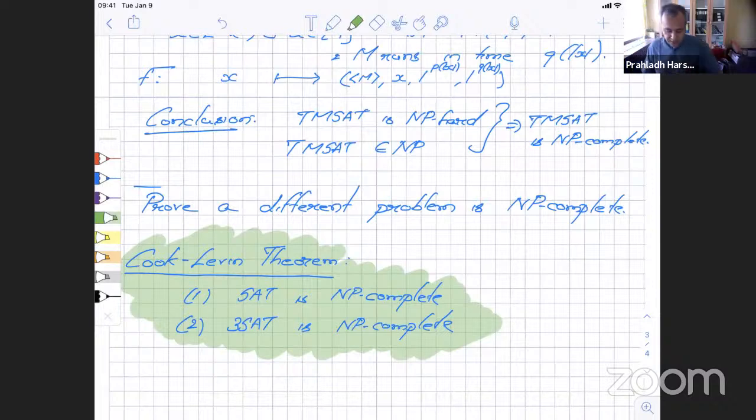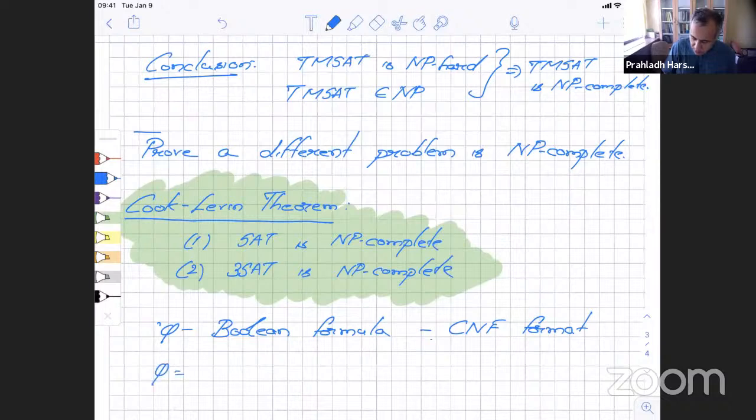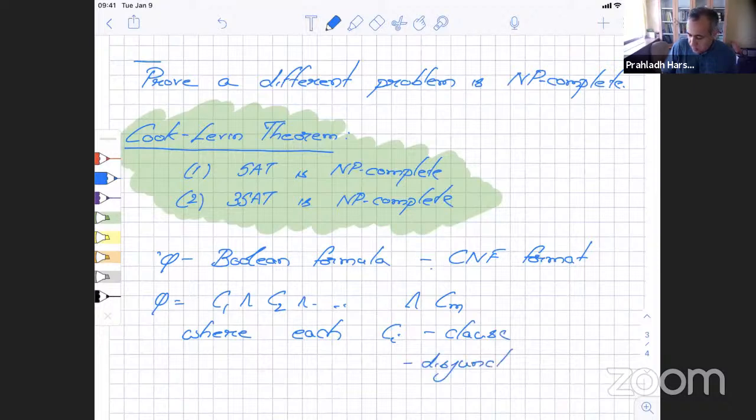So what is SAT again? Let's quickly recall. Phi is a Boolean formula, and we'll assume it's written in conjunctive normal form, CNF. That is, phi is written in the form C1 and C2 and so on up to Cm, where each Ci is a clause. What do I mean by that? It is a disjunction of literals.